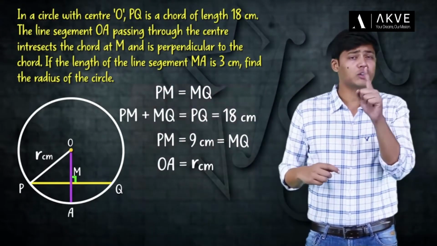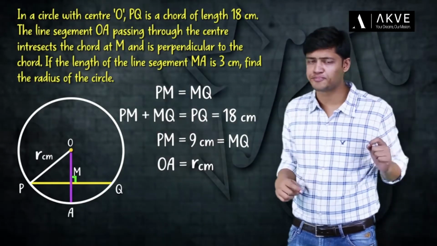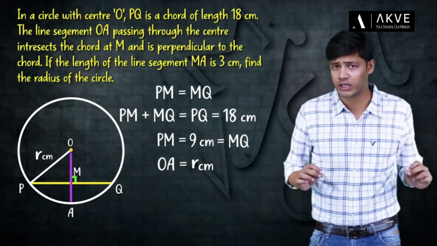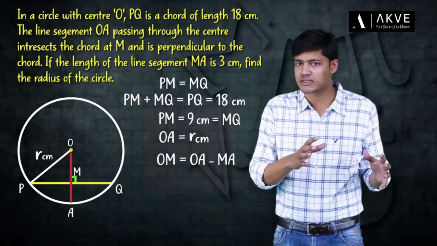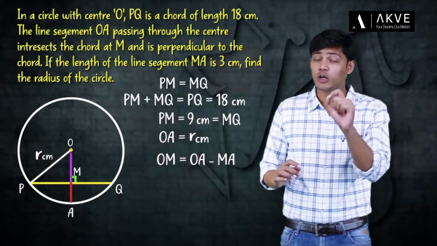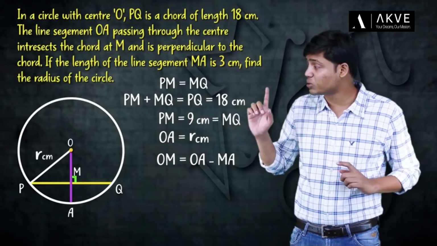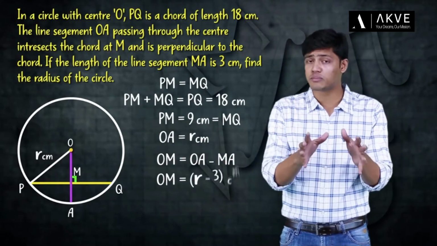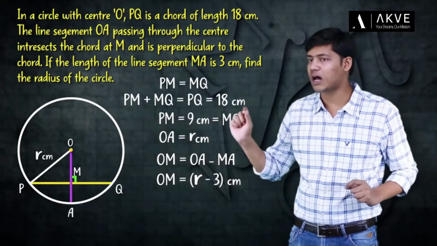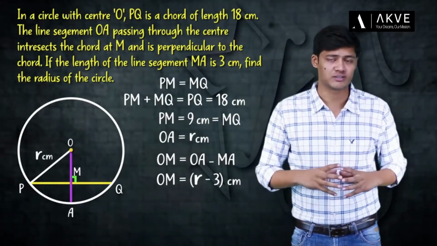Now, what about the length of OM? If you observe carefully, OM is equal to OA minus MA, and we know that MA is equal to 3 centimeters. So, the length of OM will be equal to r minus 3 centimeters.